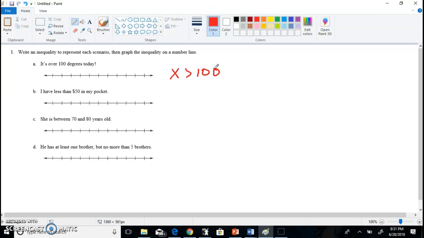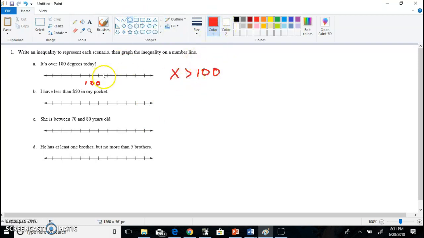Okay. So now with your number line, you can number these. You can decide where the 100 is. I'm just going to put it here in the middle. So this is 100, this would be 99, 98, 97, 96, this would be 101, 102, 103, and so forth. But wherever you put that, now we need to decide, is this an open circle or a closed circle?